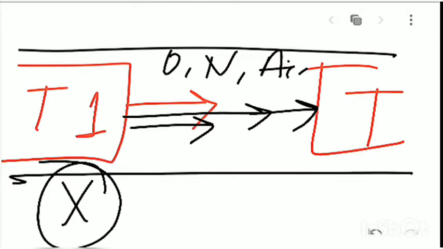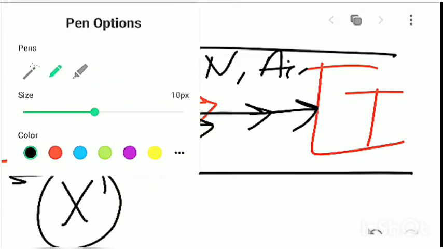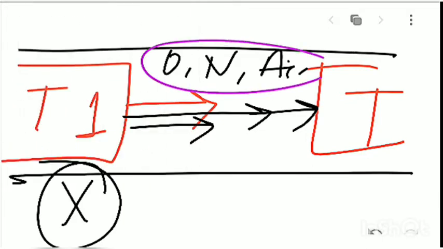So we must be very sure that there is none of these gases. That means in between the target and the electrons, we must keep vacuum.